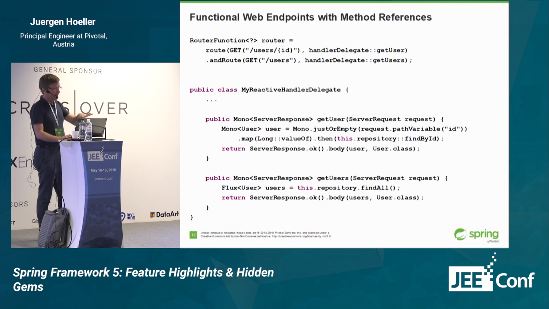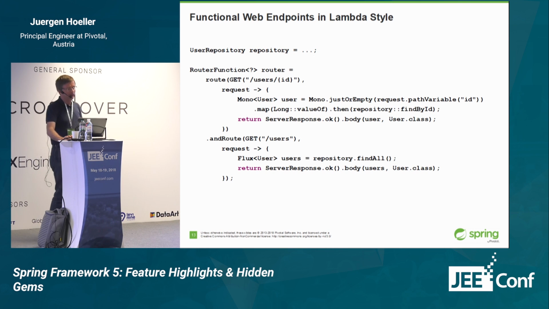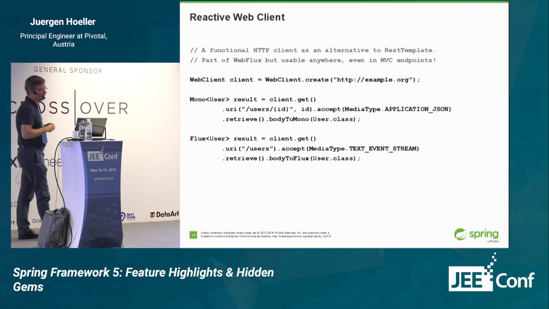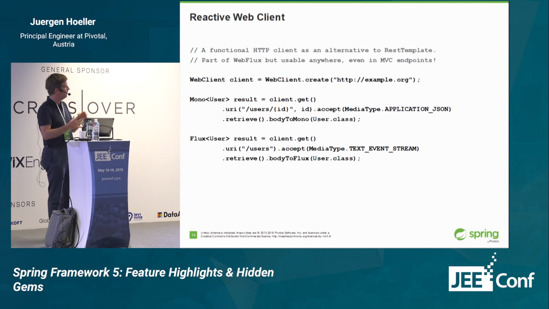All right, these styles are exclusive to Webflux, so to the event loop-based setup, and to a pure reactive stream server. And last but not least, here's an indication for what a web client can look like. We have a similarly designed web client API.